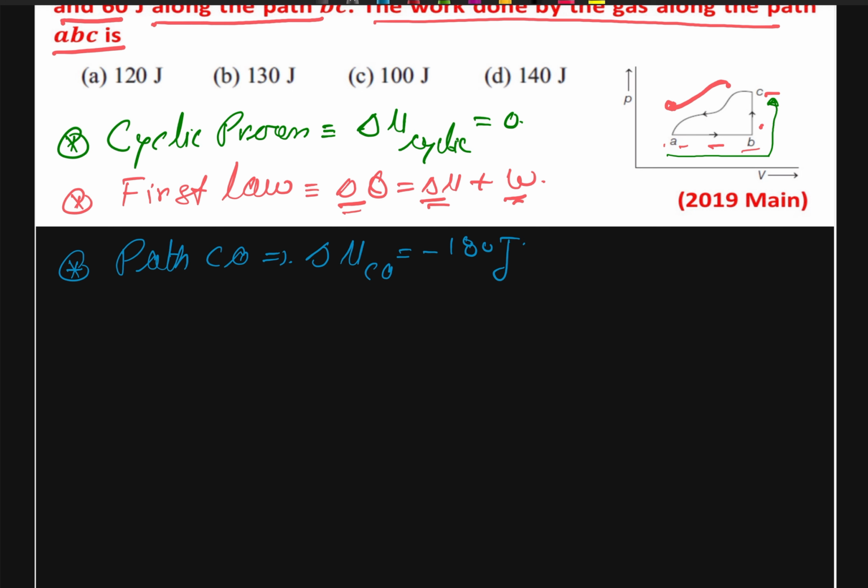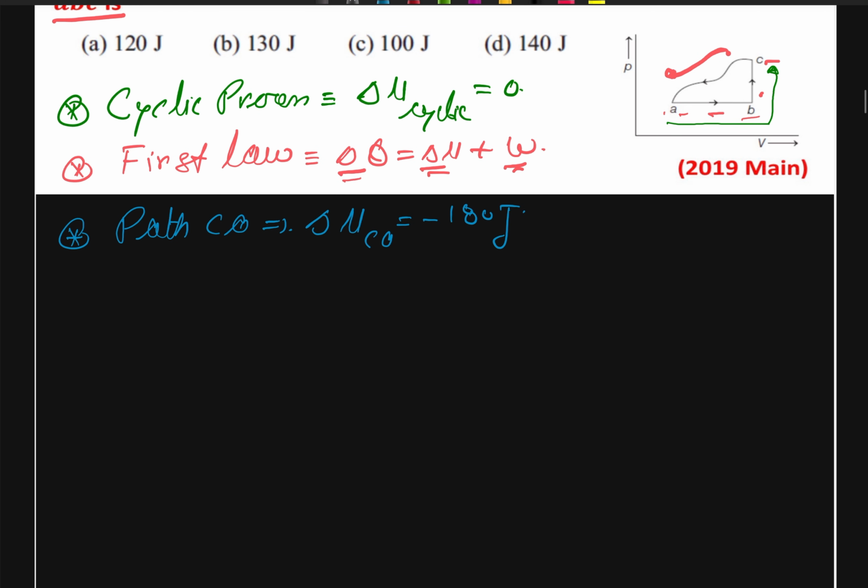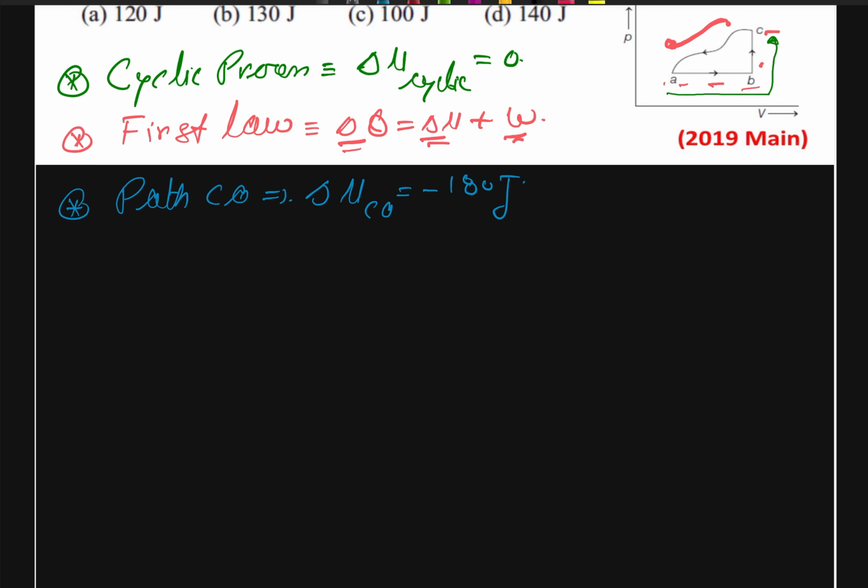And we know that it is a cyclic process, so we can write the individual change in energy for each path, that is AB, BC and CA, that will be equal to 0. So we are going to have delta U AB plus delta U BC plus delta U CA is equal to 0.